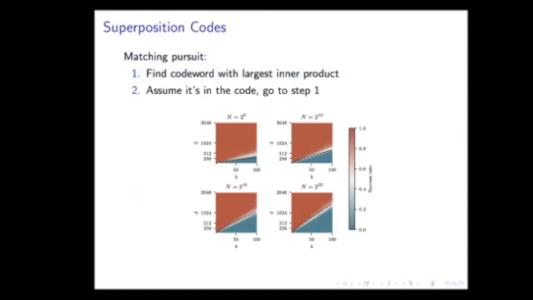Instead of just taking all my inner products over all code words at once and looking at which ones are largest, how about first you just find the one code word that has largest inner product and assume it's in the code, and then make your life easier by removing it from the code and then looking for the next code word. That makes sense.